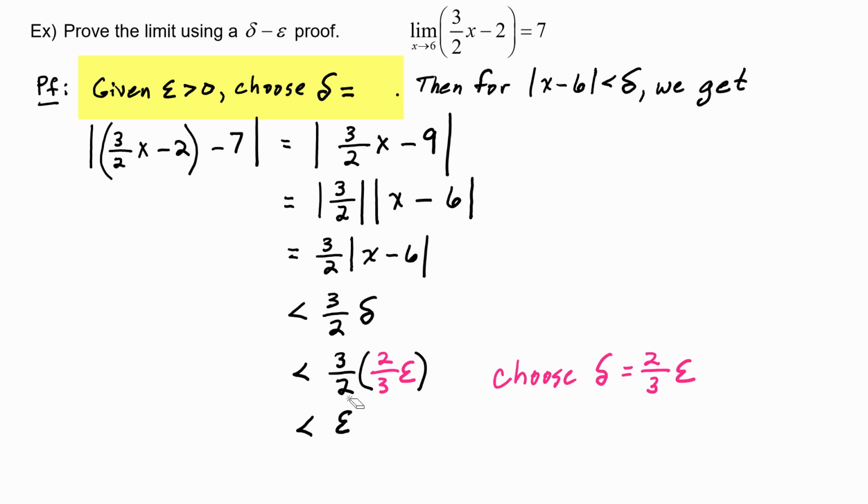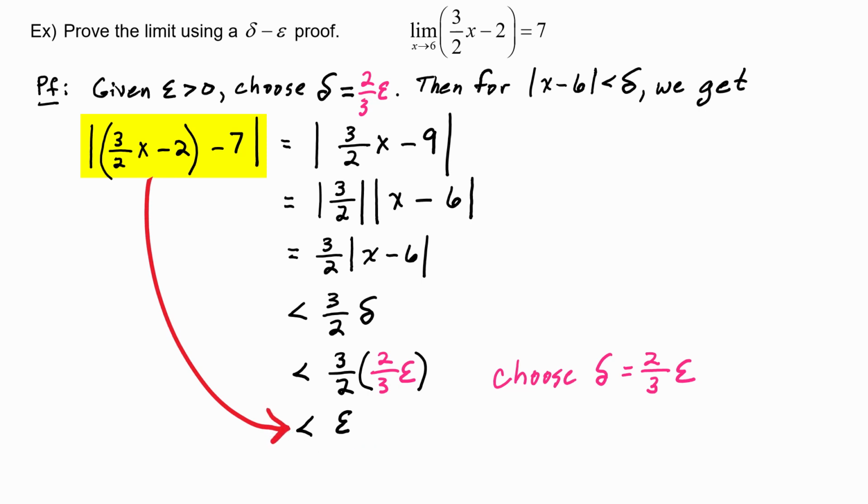So, given any epsilon greater than 0, if we choose delta to equal 2/3 of that epsilon, then it will always work out that the absolute value of 3 over 2x minus 2 minus 7 will always work out to be less than epsilon.